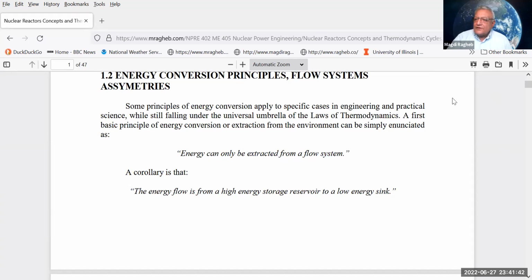The laws of thermodynamics, as I said, do apply, but there are some other underlying principles that apply to energy conversion from one form of energy to another. In that context, we have to realize that energy is extremely abundant in the Earth and the universe in general.